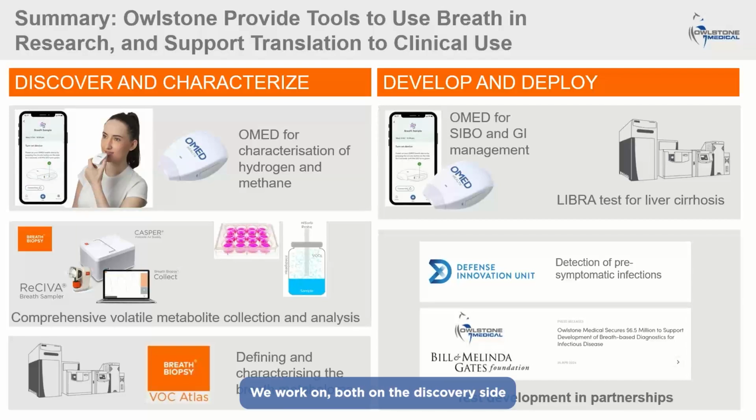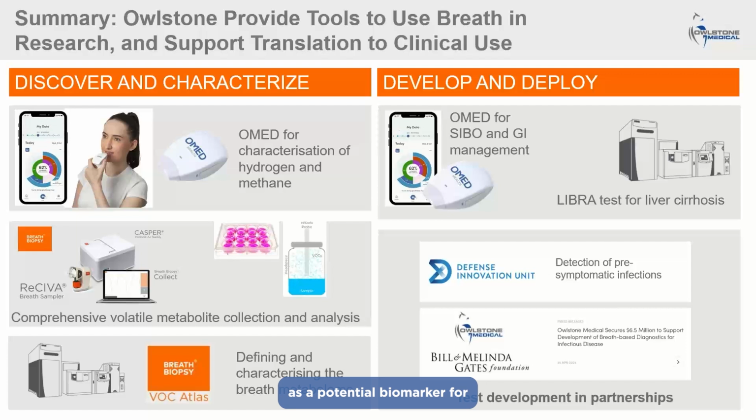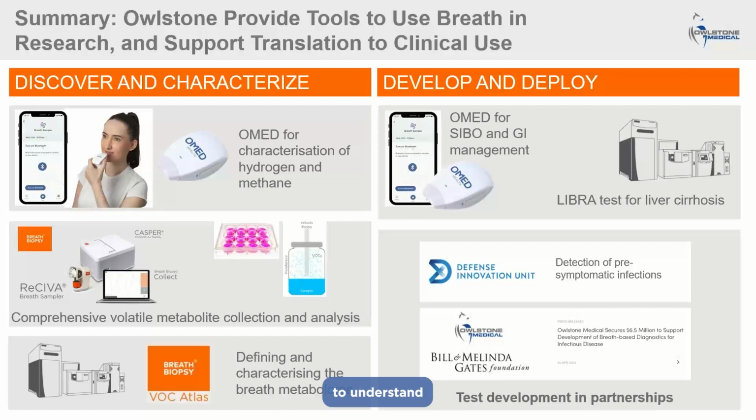We work on the discovery side and characterization side, and also the deployment of industry solutions. On the discovery and characterization side, you can see the new OMED device for characterization of hydrogen and methane, to explore them as potential biomarkers for novel applications, and to understand the efficacy of, for example, probiotics, prebiotics, how fibers are fermented, and things like that.